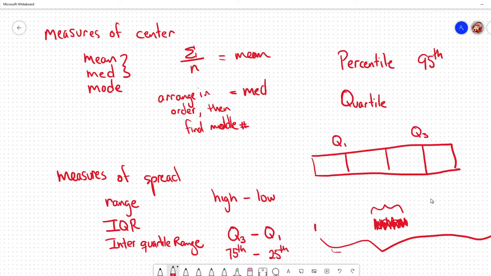But if the mean and the median weren't the same, that's an indication that the data is skewed. Then there's spread. Is it a tightly hugged bell curve like this, or is it more of a flatter curve like that? That's what the range and interquartile range will tell me.